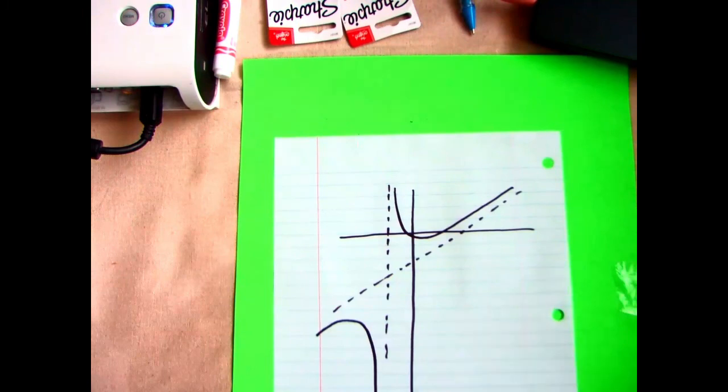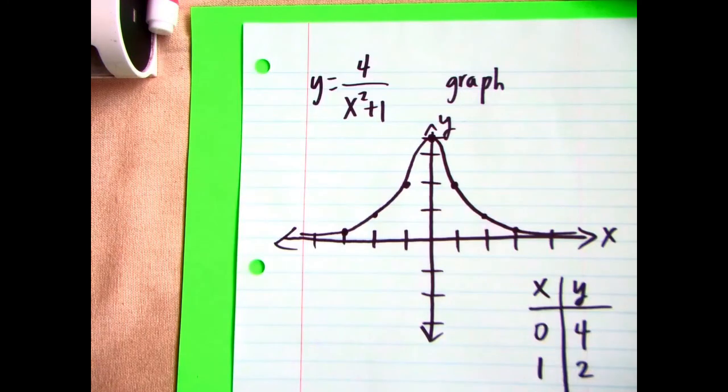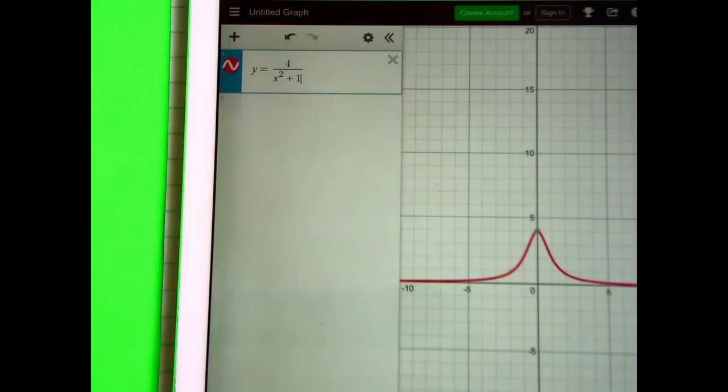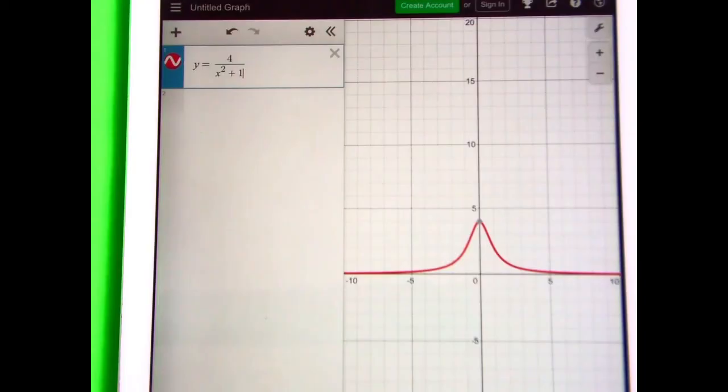But again, what you want to do after you've drawn a few of these, let's use a graphing tool. Let's use either Desmos.com or your graphing calculator. Graph these with a device and check your work. So here on my iPad, I've drawn the first graph we did together, y equals 4 over x squared plus 1.